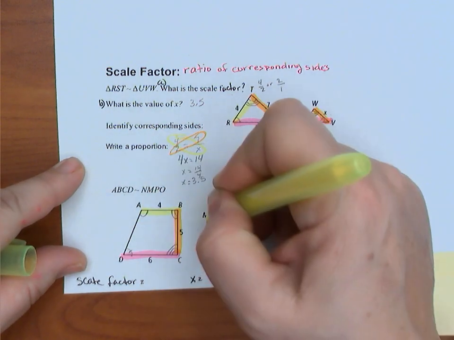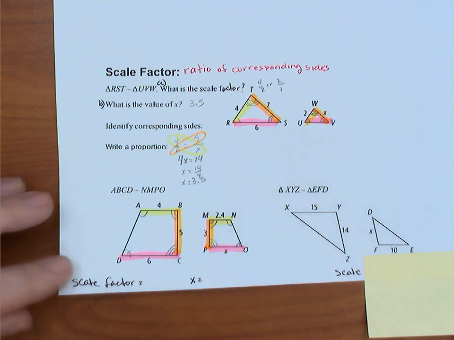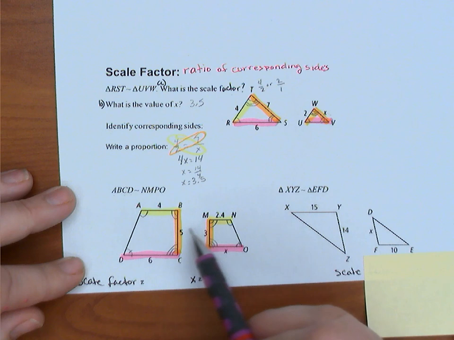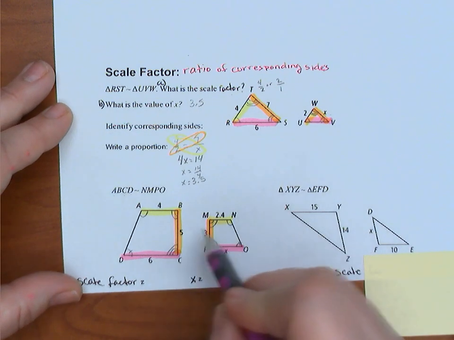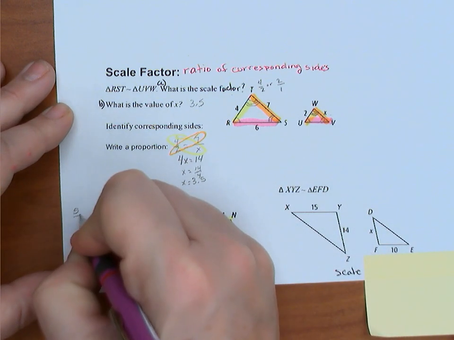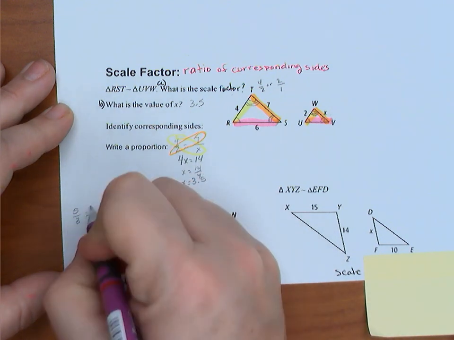And it doesn't matter which other pair that has numbers, you use both the numbers. So I could either use BC and MP, or I could use AB and MN. It doesn't matter. So setting up my proportion, I have 5 over 3 equals 6 over x.